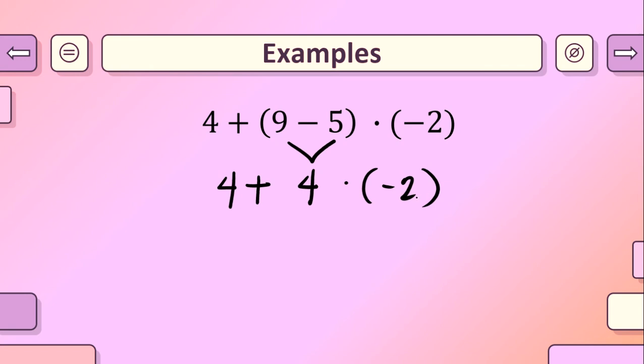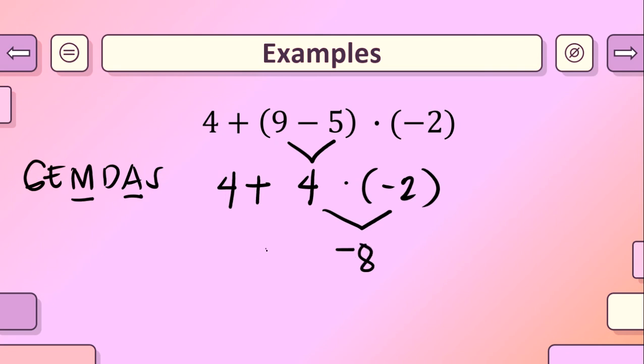In GEMDAS, multiplication should be simplified first before the addition. You should evaluate this first: 4 times negative 2 is negative 8. Then bring down the other term, which is 4.